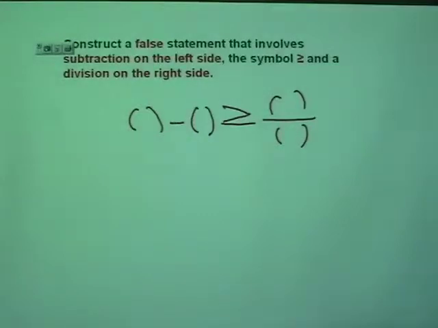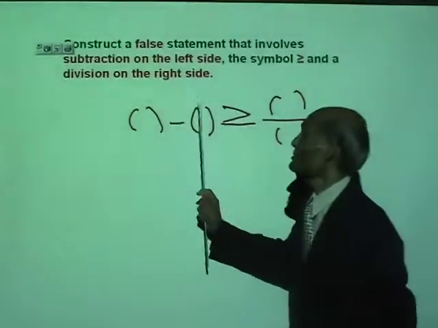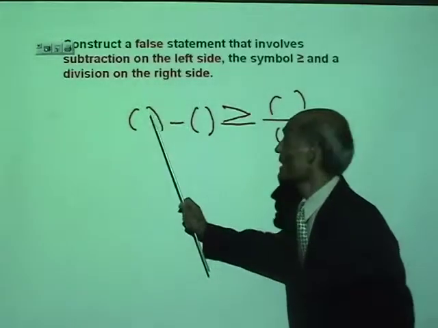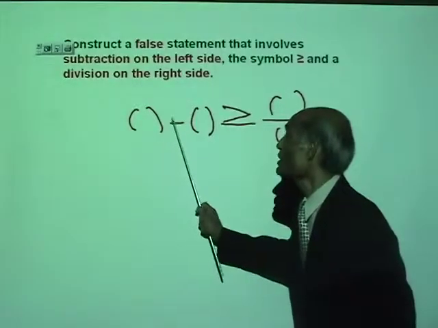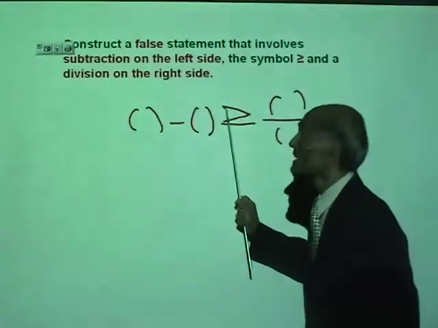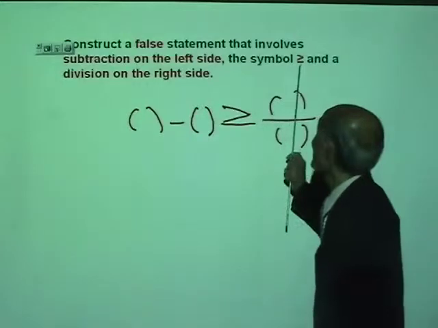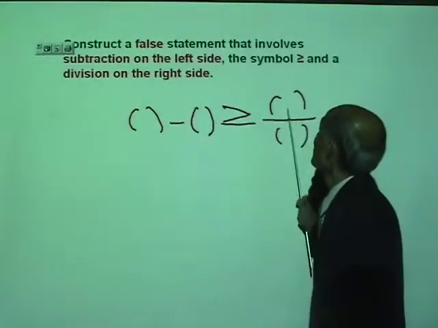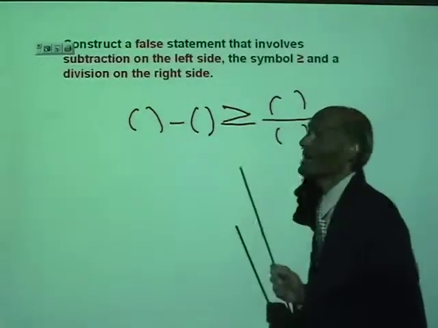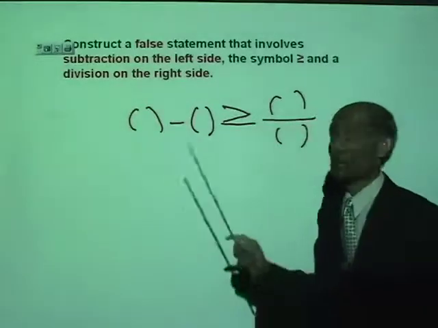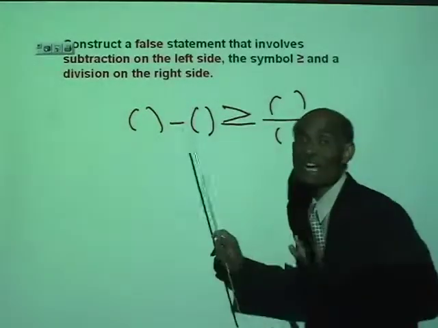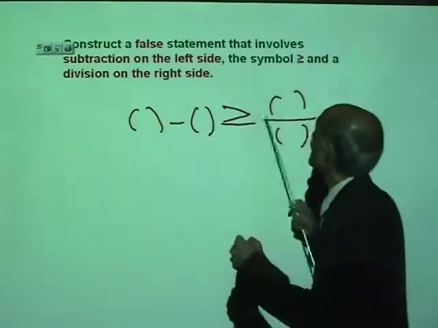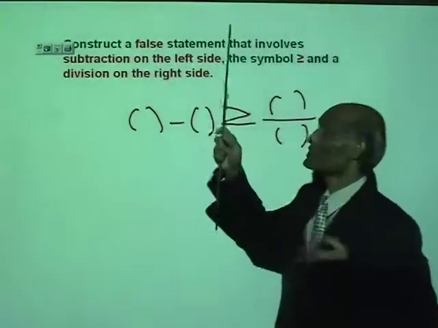In other words, it must look like this: a number minus another number is greater than or equal to a number divided by another number. Now, you must put numbers in here to make this statement a false statement.